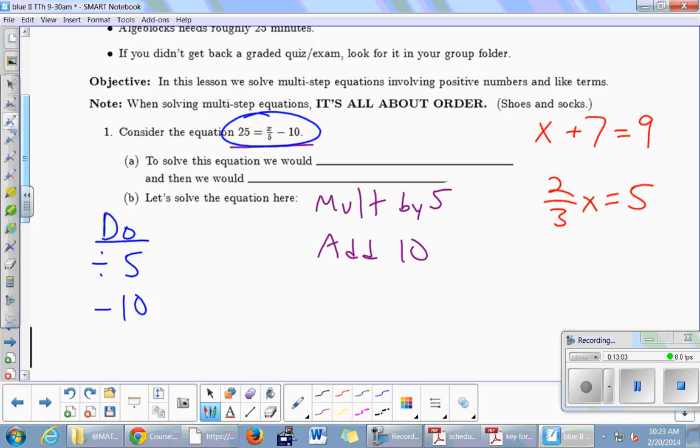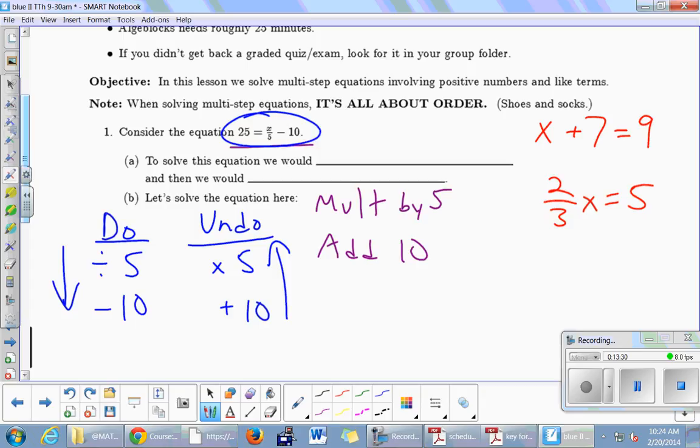So in terms of our undo list, there's definitely going to be a multiply by 5, and there's definitely going to be an add 10, but which order is it going to be in? It's going to be that order, right? So it happened in the natural order that somebody did some stuff to our x. We need to undo in the other order.